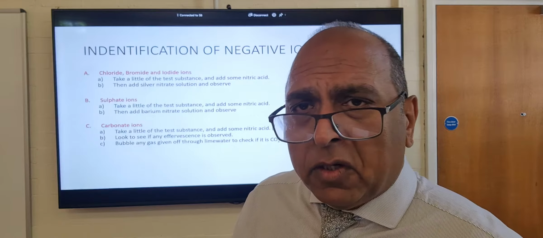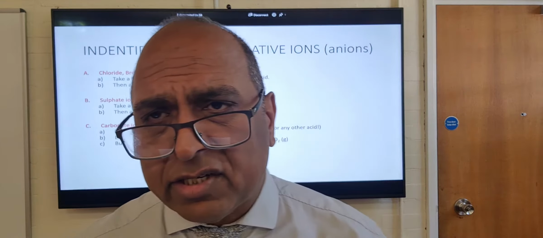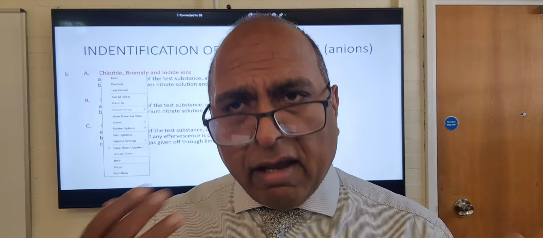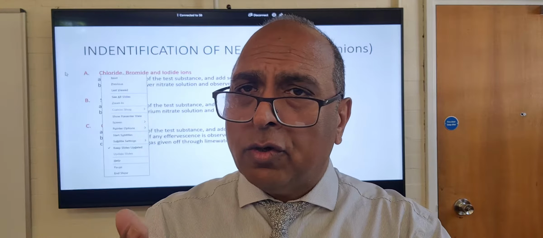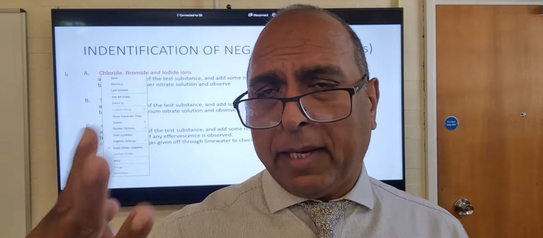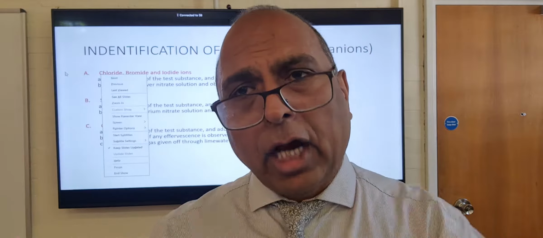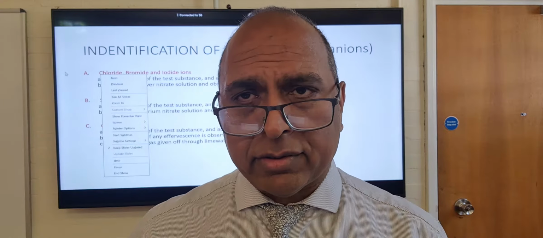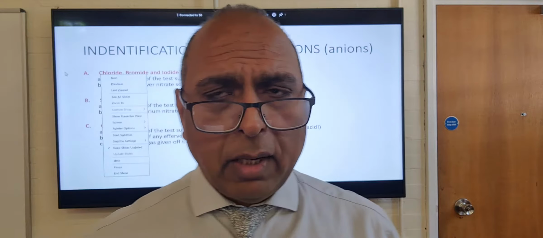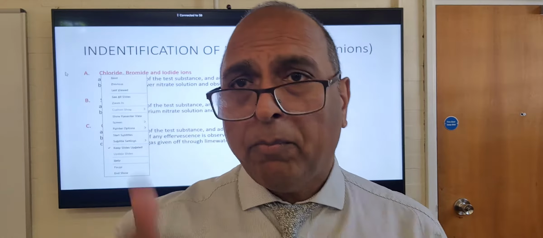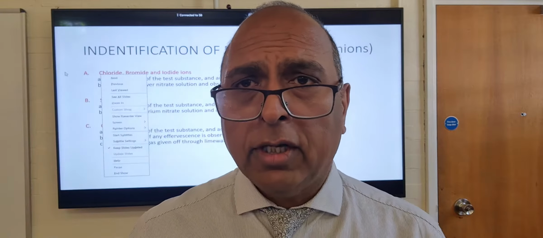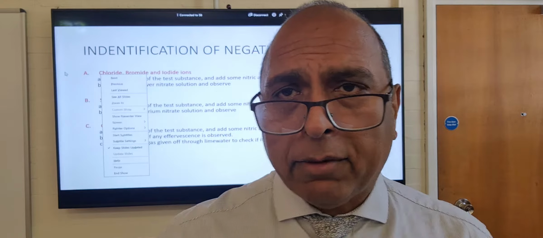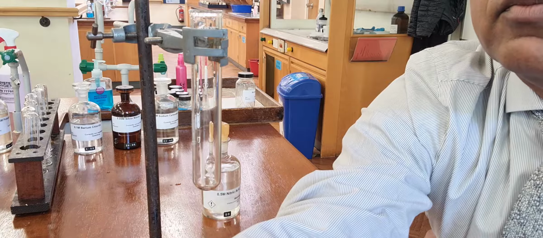But at GCSE, just fizzing is enough for us to think, oh yeah, fizzing, salt, water, carbon dioxide is being made. It's an acid carbonate reaction. Acid carbonate, therefore carbonate ions are present. I want you to know both though. I want you to know fizzing is enough, but to be doubly sure, you would take the gas and bubble it through lime water. Right, I'm going to show you these tests next.